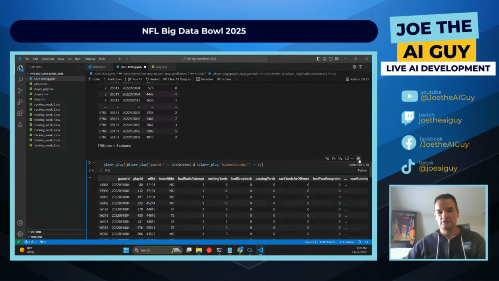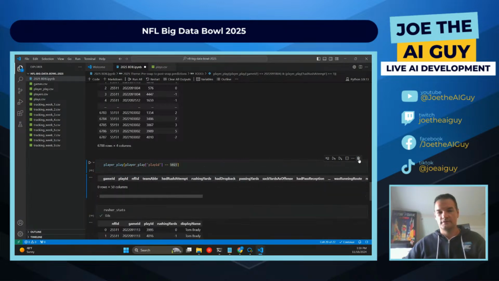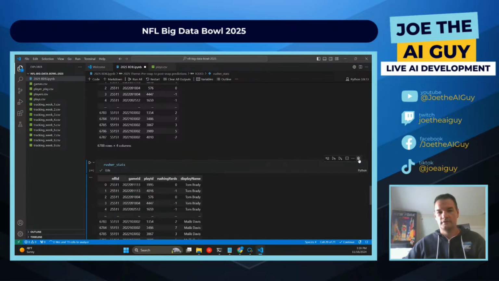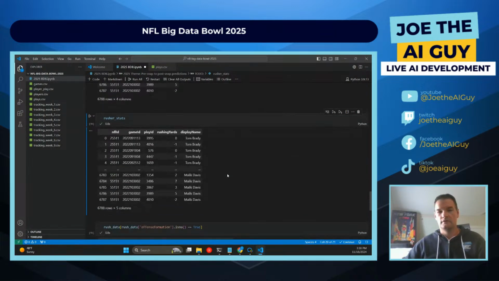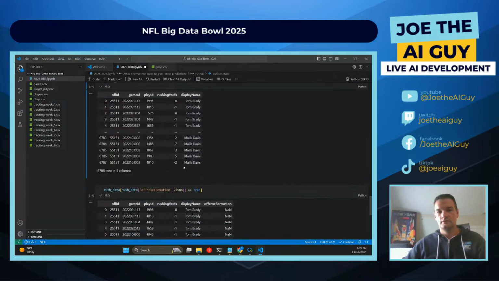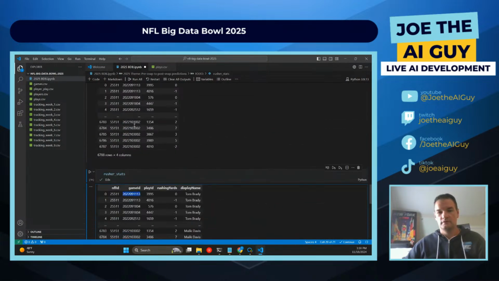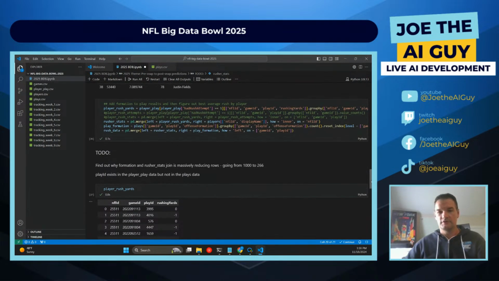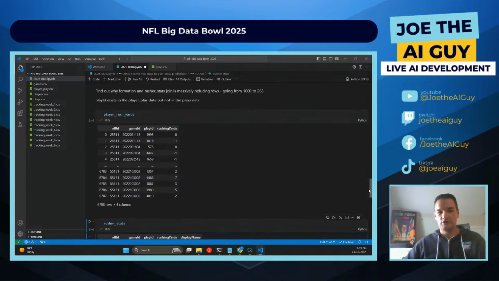Let's get rid of some of these extras. So I need to see what the formation is, and that's from play formation.